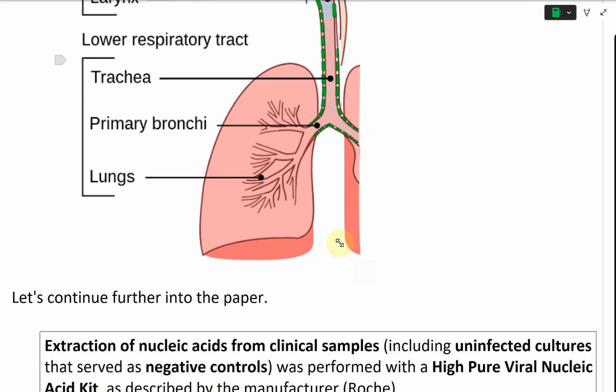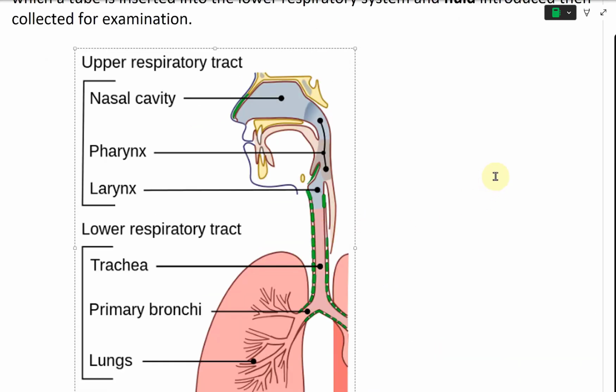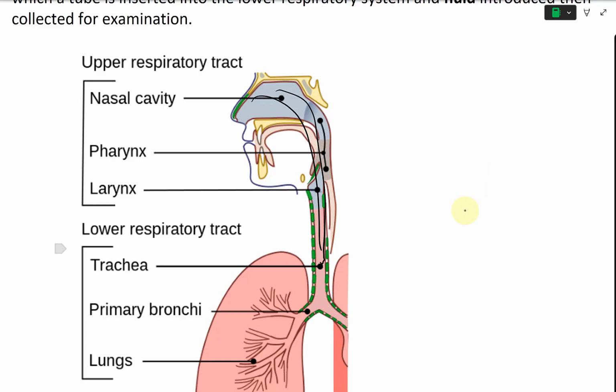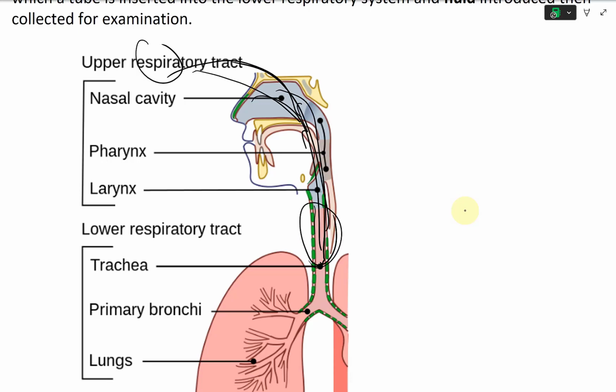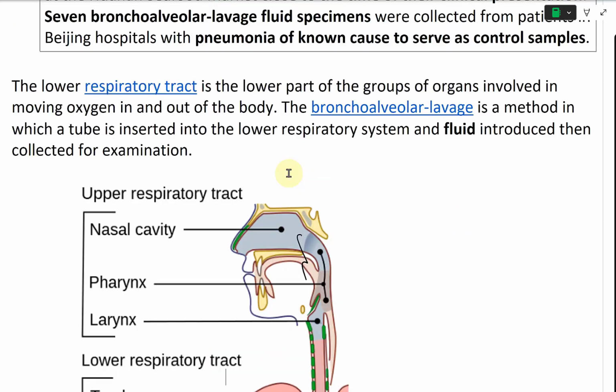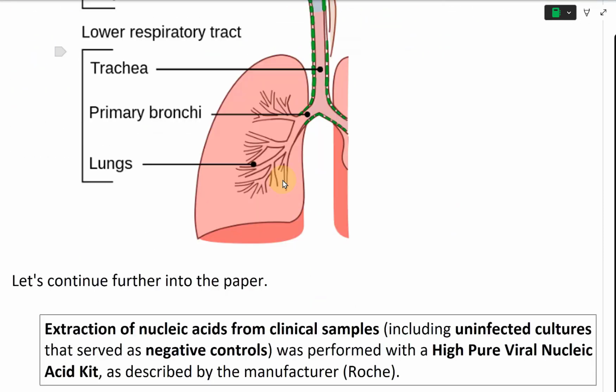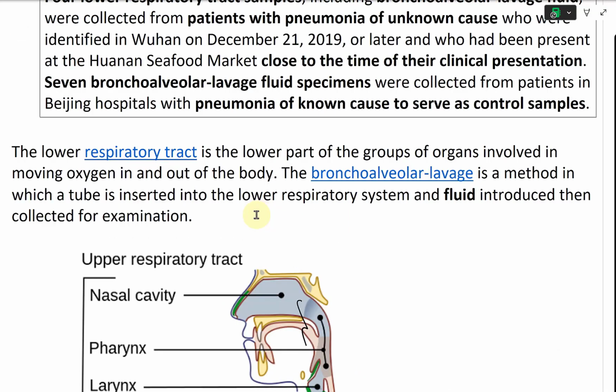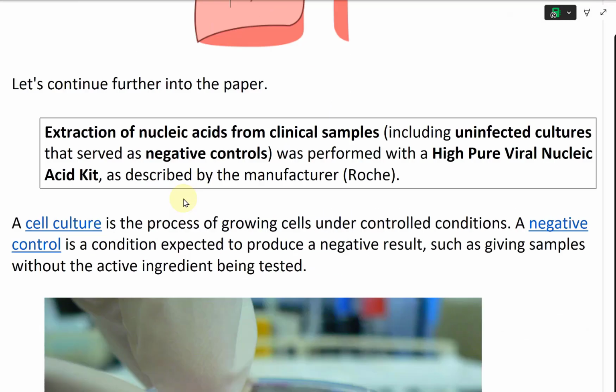So you put a tube inside, pump some water all the way inside, and then extract this fluid out. That's the bronchoalveolar-lavage fluid. Just a pretty invasive technique there.